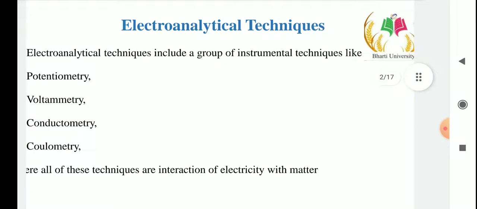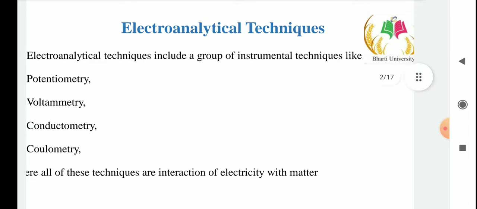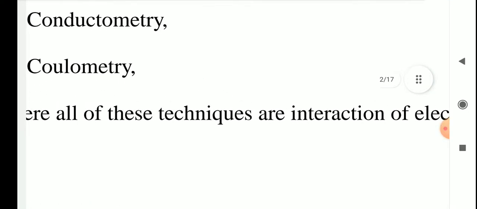There are generally four techniques we can use in the UG program, and they are also used for the PG program and PhD program. First is potentiometer, second is voltmeter, third one is conductometer, and fourth one is colorimeter.